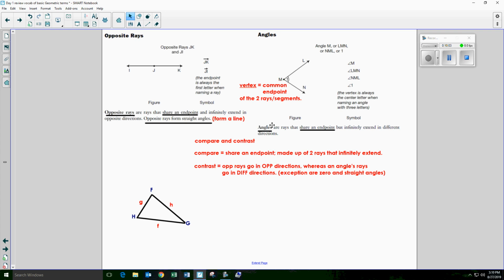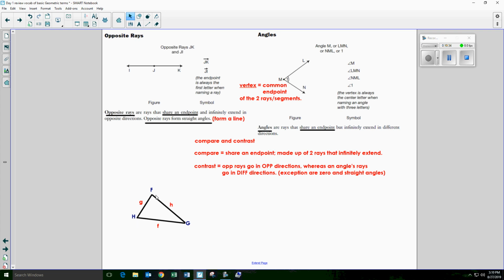Versus angles. Even though we have a straight angle here, we're talking about other angles than straight angles, any other one. So all the rest, you have two rays, or it could be segments, as we'll see down here, that share the same endpoint. In this case, endpoint M. That M is called the vertex. Notice the vertex is the common endpoint, and it can be at the end of two rays, as it is here, or two segments, as it is here.